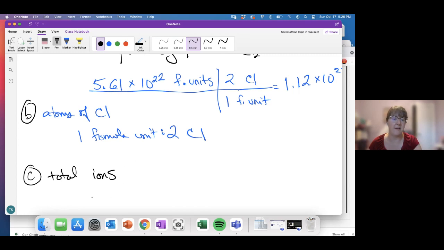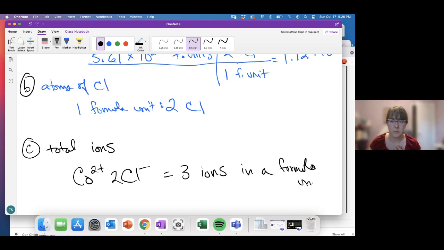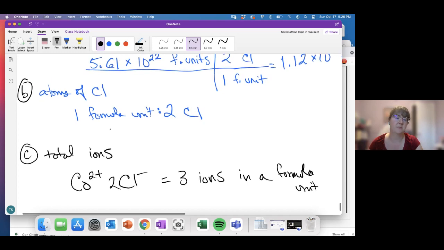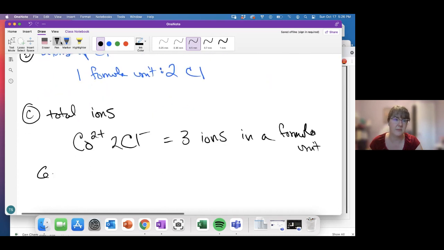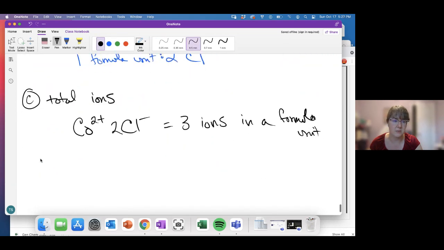So for doing total ions, then we're looking at the fact that I've got that cobalt 2+ and 2 chlorines. So that's 3 ions in a formula unit. If that's what I'm doing, then I need to take that formula unit number. Where did it go? 5.61 formula units.